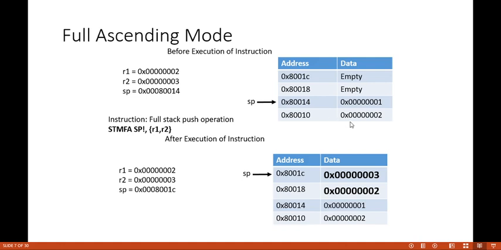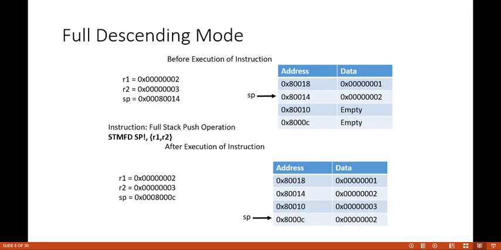So here you can see after the execution of the instruction, actually stack pointer is incremented by 8. Why? Because we have transferred 2 register contents into the memory. Therefore, stack pointer is advanced from 14 to 1C here. And the content of R1 is stored first, then the content of R2 is stored here. So this is about the full ascending mode of ARM7 stack operation.